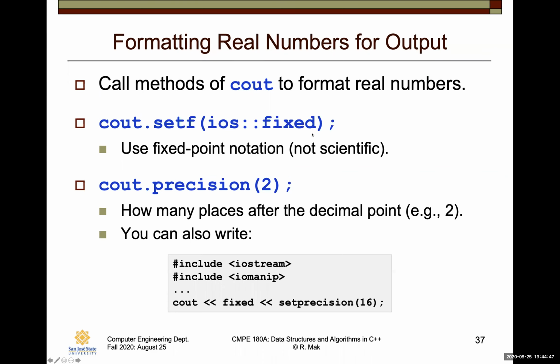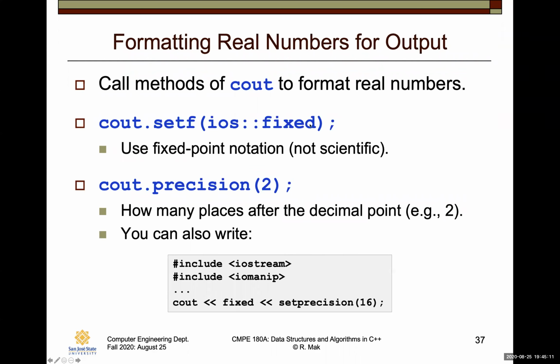To specify whether you want fixed notation or exponential, you say cout.setf, and then ios::fixed. I know this looks like gibberish, but just believe me, that's what you have to say. The key thing is the fixed.